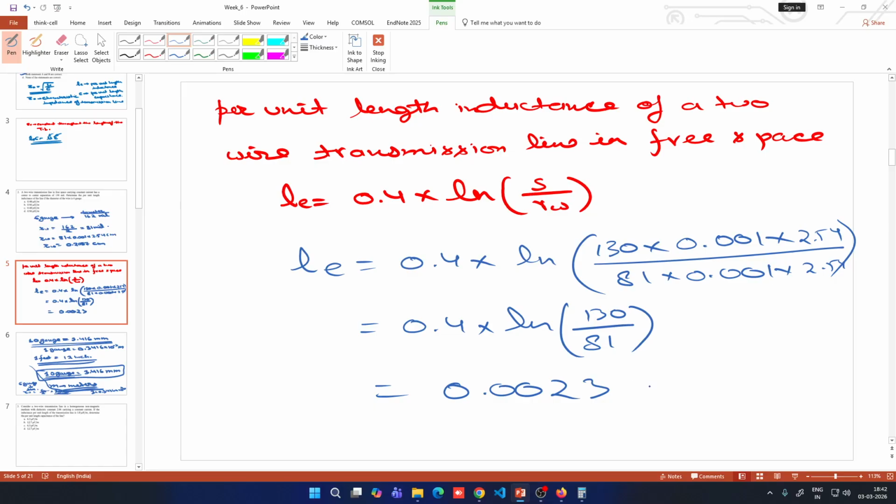Okay, still it looks too big, right? I can write this as 2.3, it is milli something henry per meter.